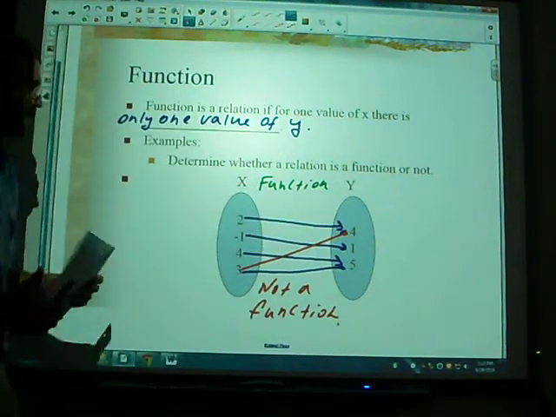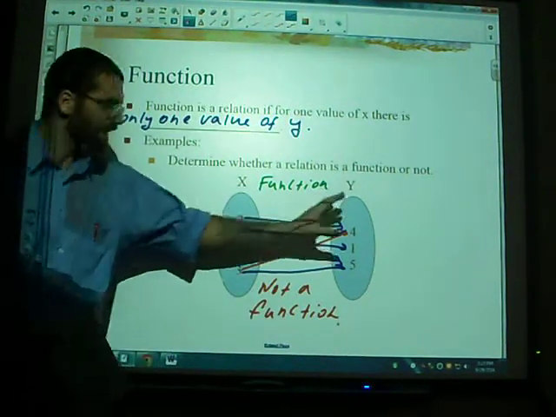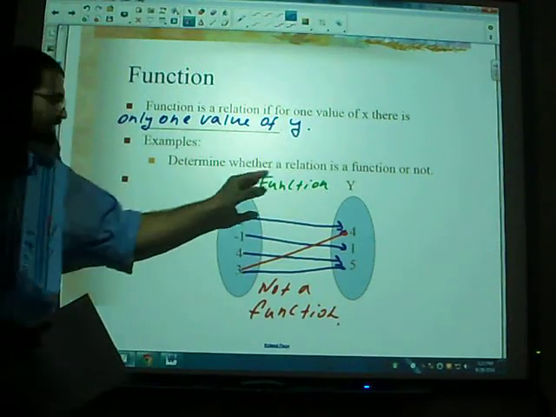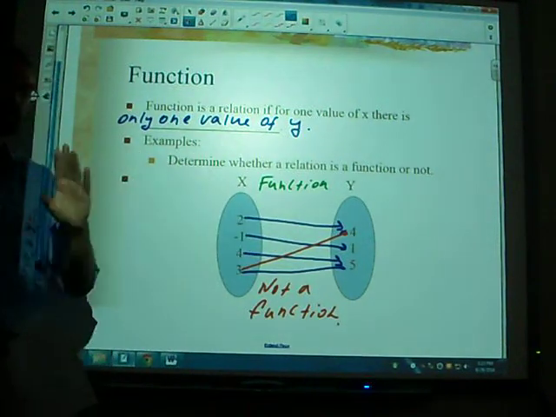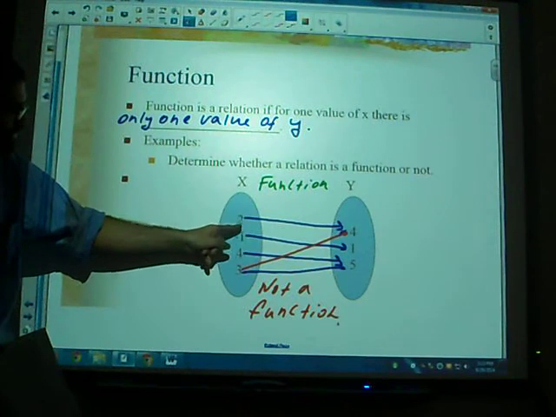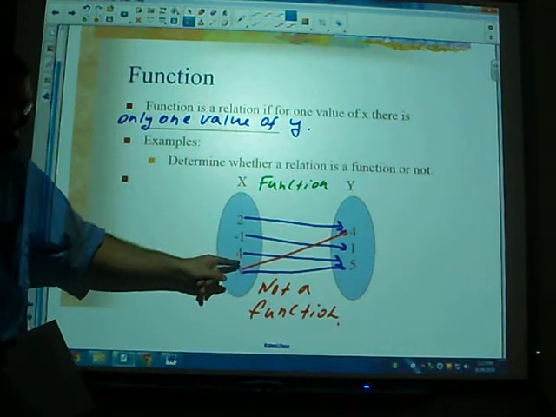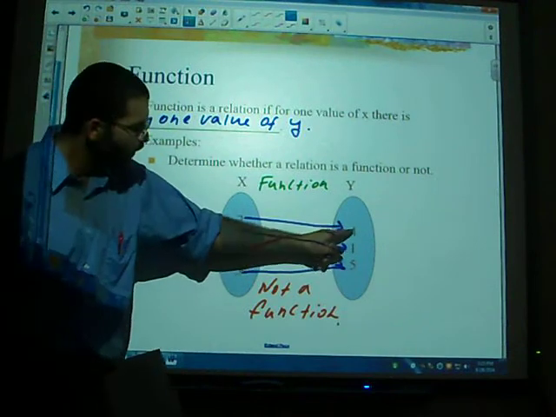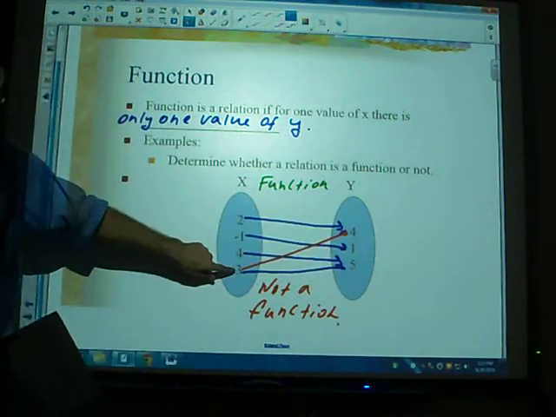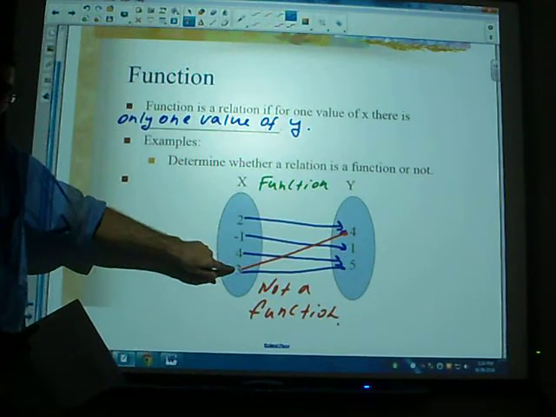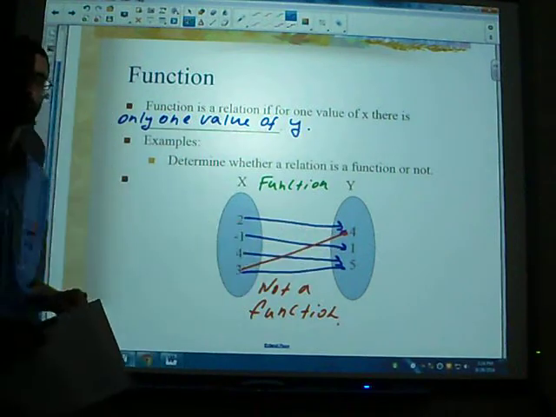So once again, a relation is basically when x's are connected to y's, or input is connected to output. However, to be a function, each x number can be connected only to one y number. If an x value is connected to more than one, like in this case, that is not a function.